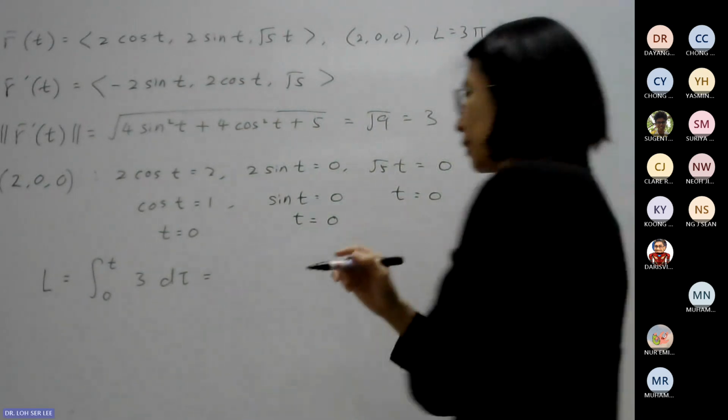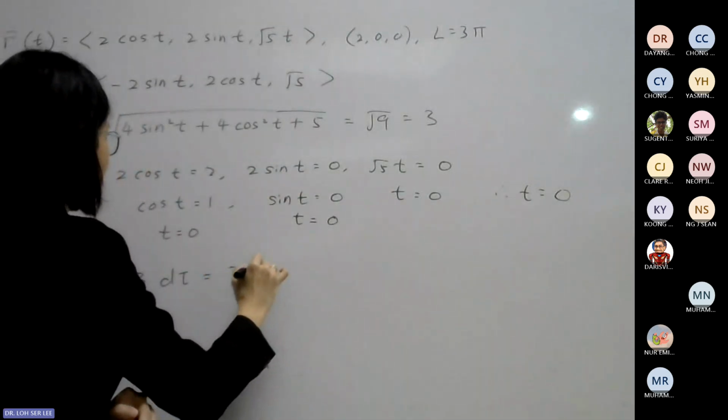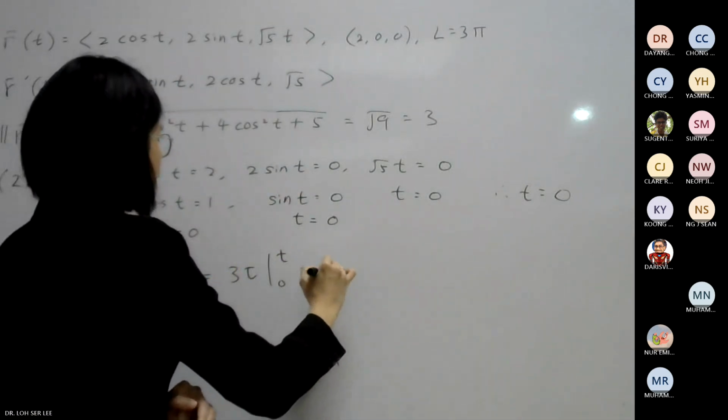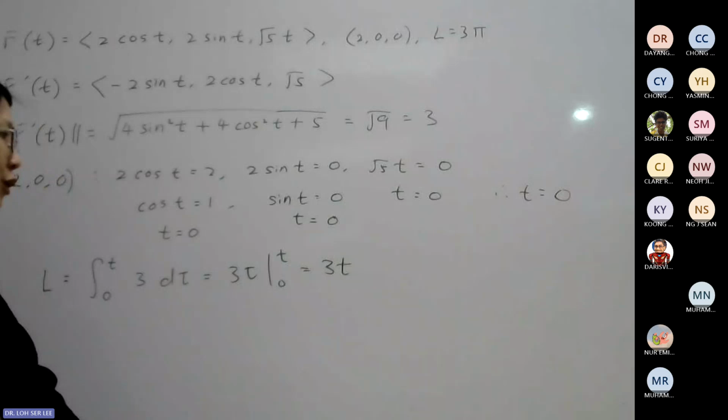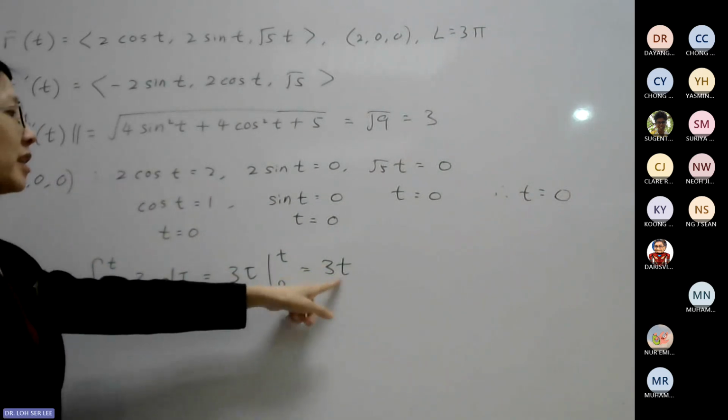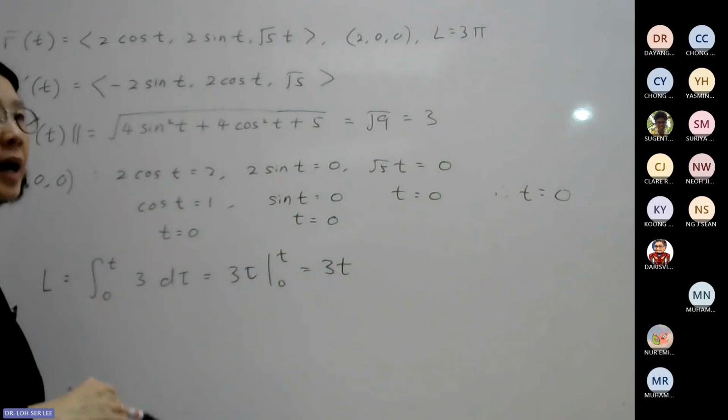Okay, integration with respect to tau, you get 3 tau, 3t minus 0, which is 3t. Okay, so your arc length is 3t and the given length is 3 pi.